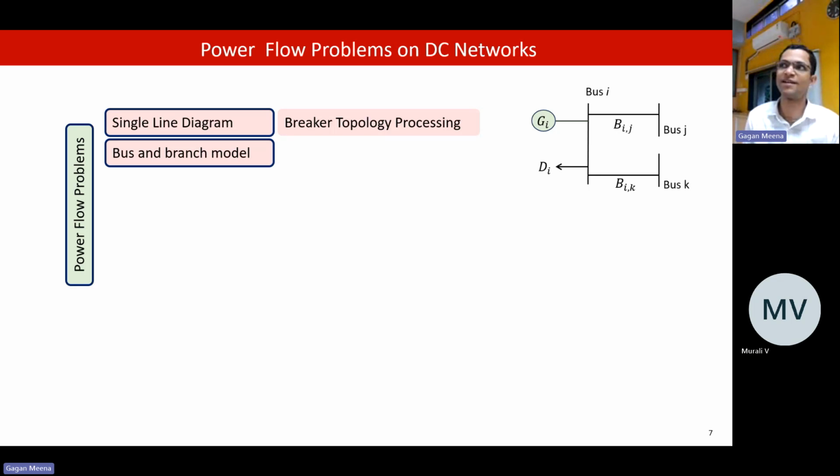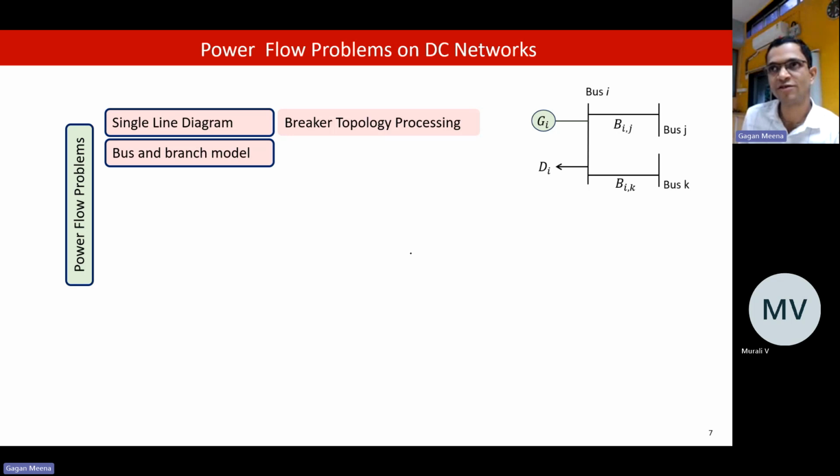Will it be almost the same or different? In transmission, we need not consider the breakers, everything. We can simply represent the transmission line itself, and after all, there is a transformer. But when it comes to distribution, we need to be very specific about all these things.